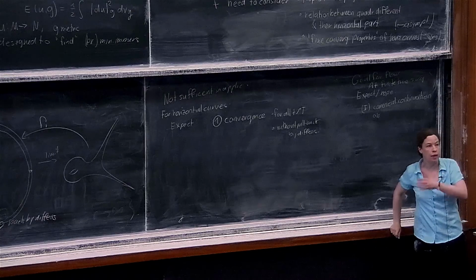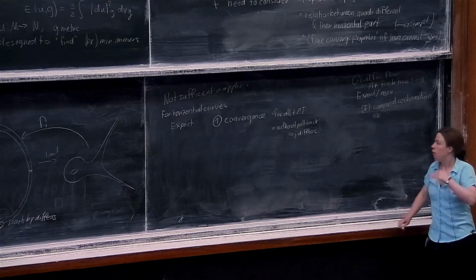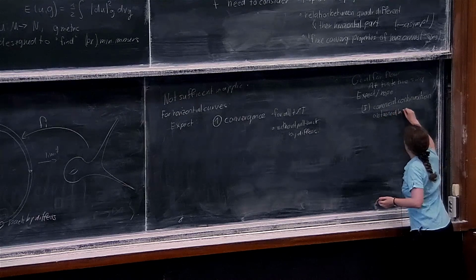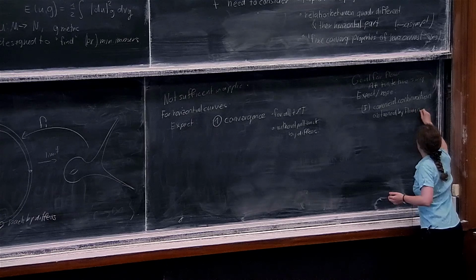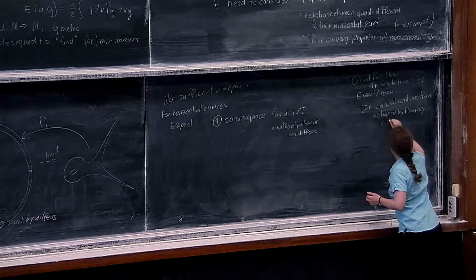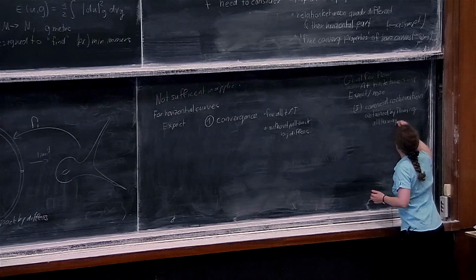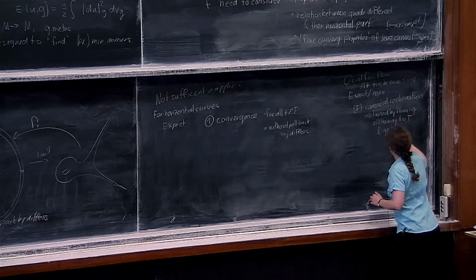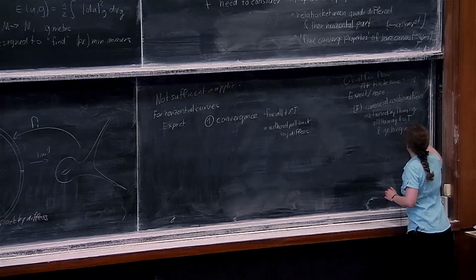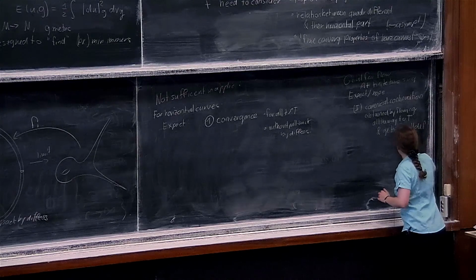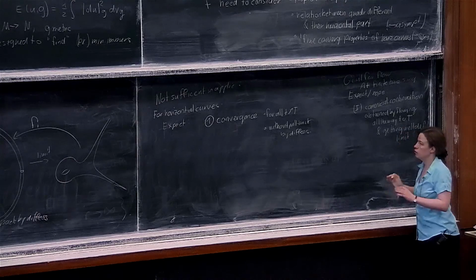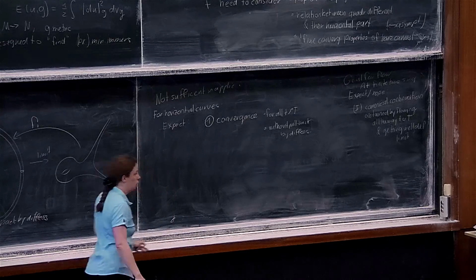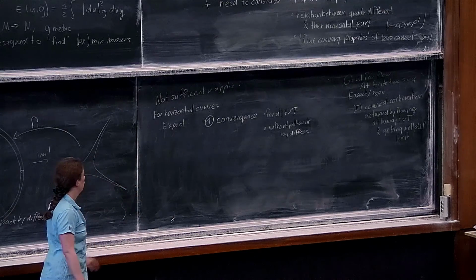You don't want it to depend on any kind of choices you make, but you want to get it by flowing all the way to T and getting a well-defined limit. So this is really, you need convergence for that. You can't have just subconvergence for something like that. So this is one of the things you would like.